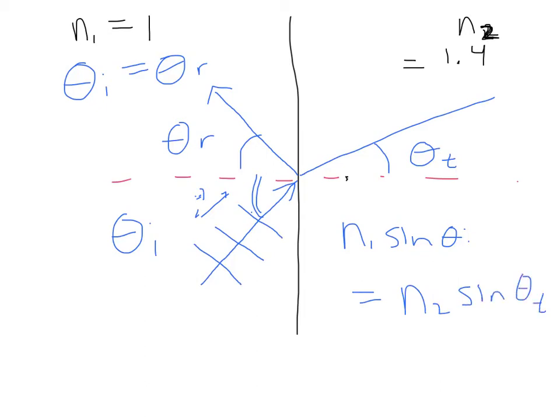Alright, so let me give you an example with some numbers. Let's just say that we're shining light at an interface here at an incident angle of 30 degrees. So let's just make theta incident equal 30 degrees. Find the transmitted angle theta. Alright, so let's see what happens. New slide.